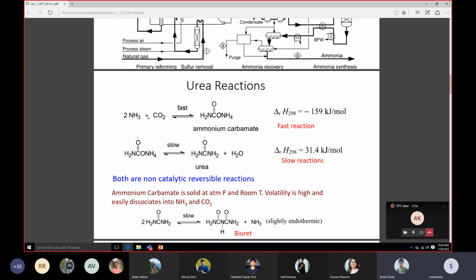Now if you operate at high temperatures, there are two problems: the backward reaction is favored, and at the same time ammonium carbonate can be highly corrosive. So there has to be an optimum temperature that needs to be used for the urea reactions.